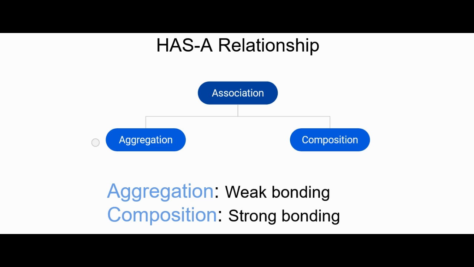That means if school is not there, then also the professor will be there. Not getting me? If the school is closed, the professor will still survive, he will earn money because he has some property. So it is called weak bonding. Without school, the professor can be there.